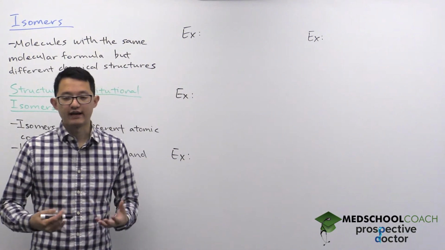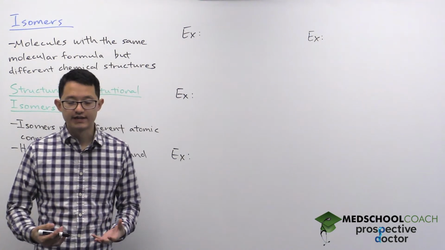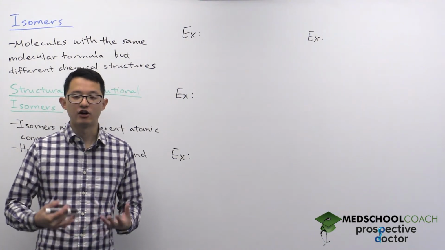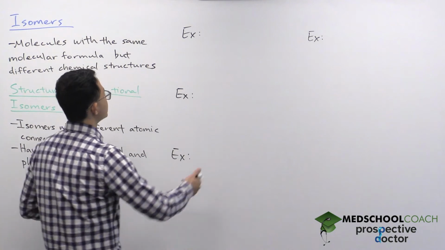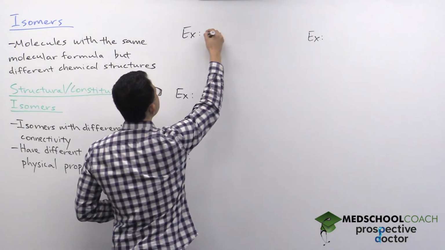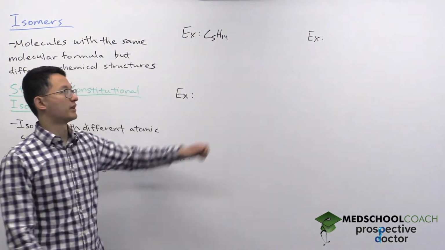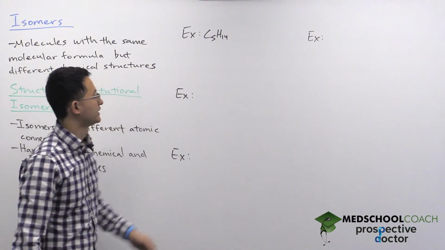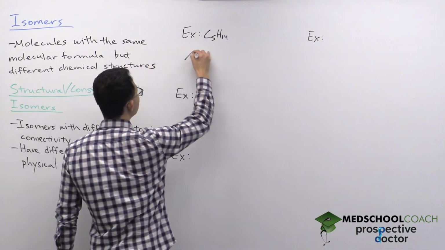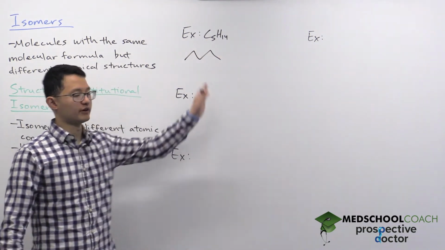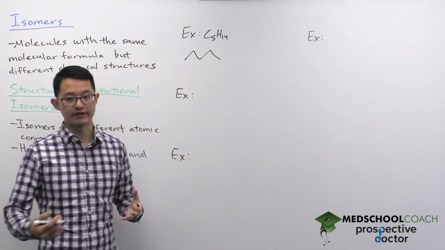Structural isomers can have different atomic connectivities based off different carbon chains. For instance, we can consider different forms of pentane, molecular formula of C5H14. You can consider N-pentane, where you just have a 5-carbon straight chain.